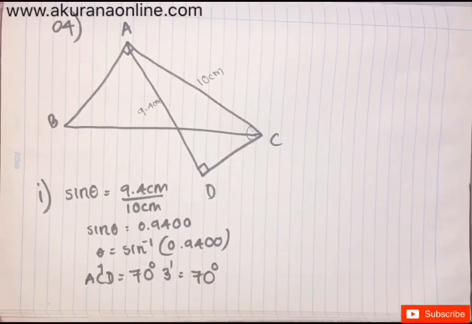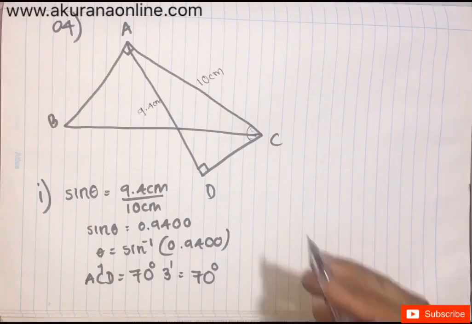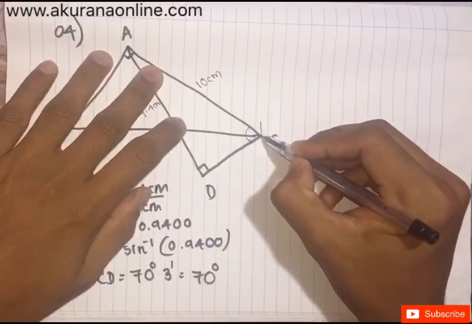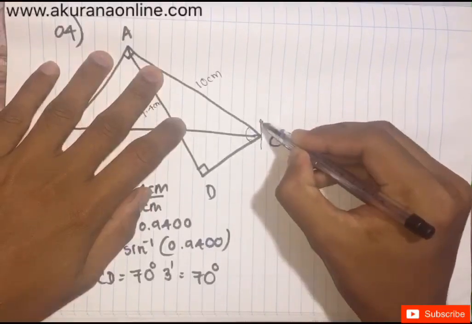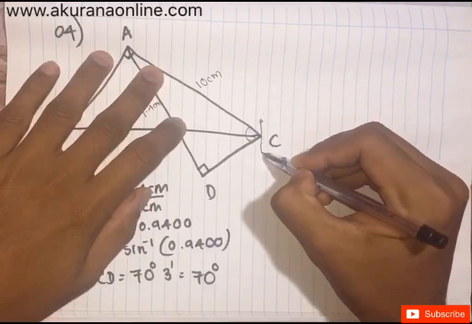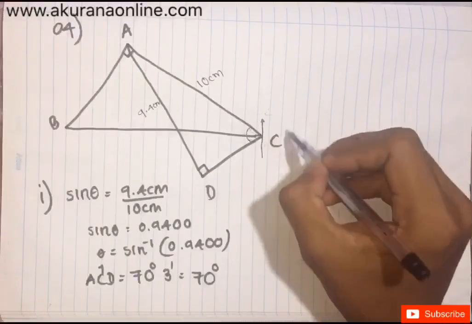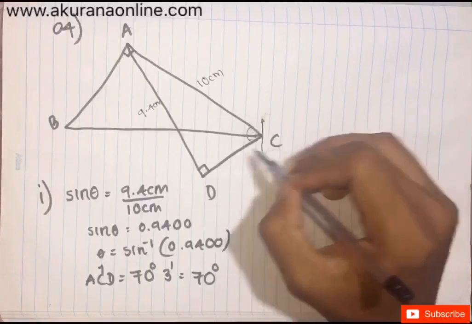Okay. Now also moving to the other part, the bearing of D from C is 242. That is, from C you have to check. Therefore we'll draw a line this way, showing the north direction. The bearing is always taken from the north direction towards the clockwise direction.